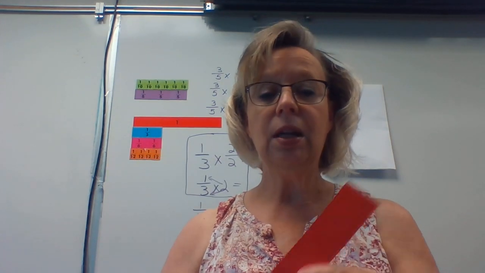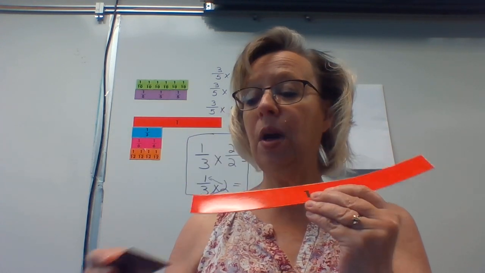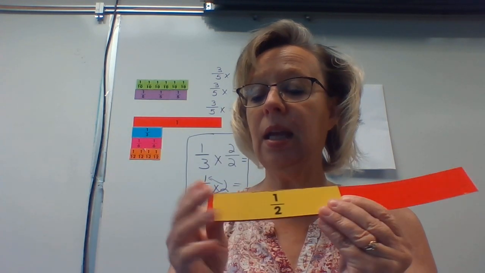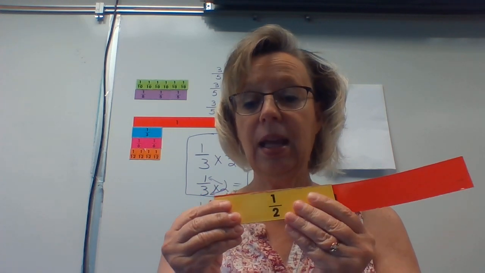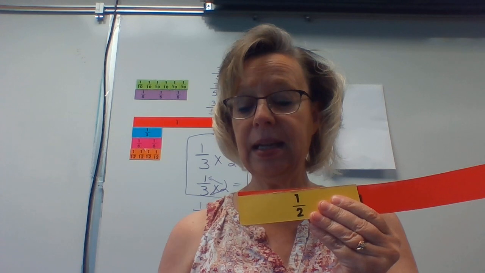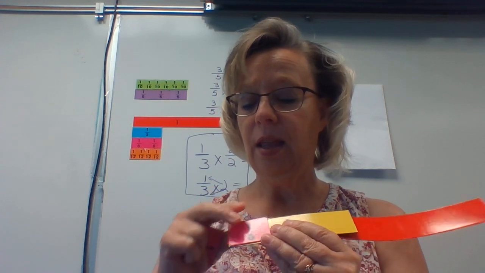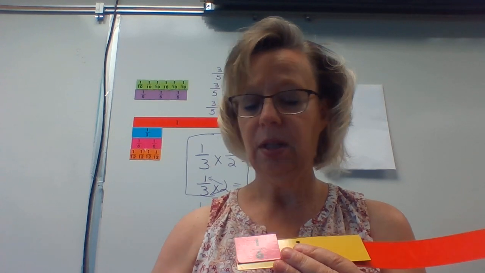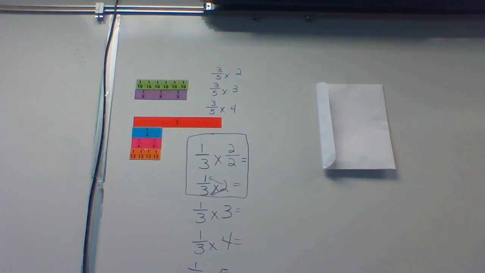So if I have a unit of 1 and I divide it into 2 parts, I get 1 out of 2 would be shaded. If I had this and I divided it into 6 sections, there would be 1, 2, oops, dropped 1 on the floor.